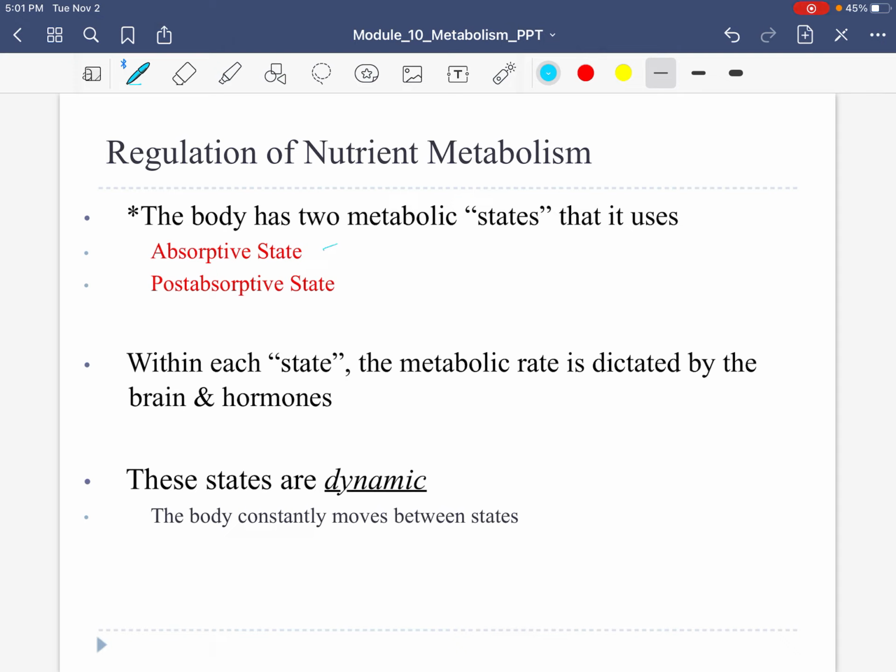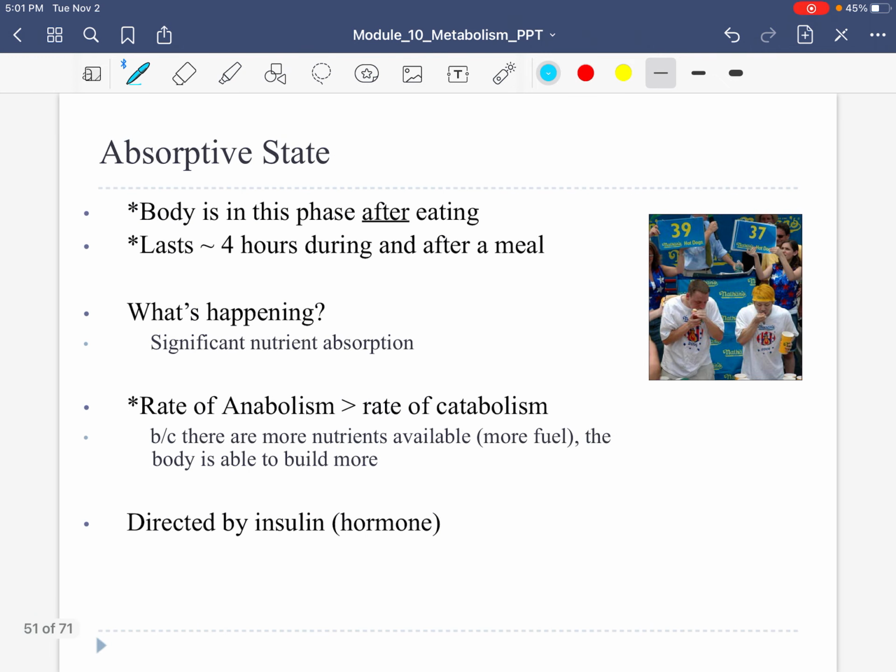And what I want to point out is these are dynamic. So throughout different parts of the day, first you're here, and then your body kind of switches to here. Two hours later, it goes back to here. So we're constantly in flux. And our brain and our hormones are keeping our body metabolically in either a post-absorptive or absorptive state. So what on earth do these mean?